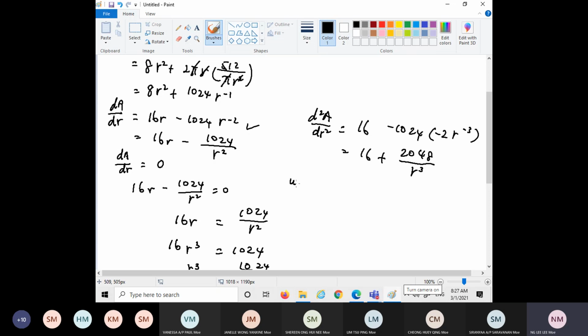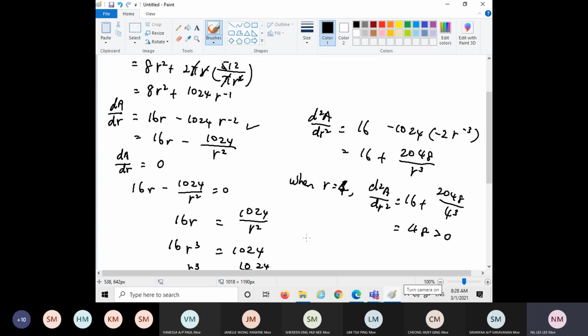So when R is 4, sorry, I will see what will happen to the second derivative. Four to power 3, definitely is positive. I copy the answer, 48. Definitely is positive.